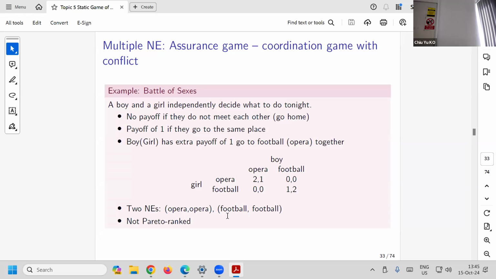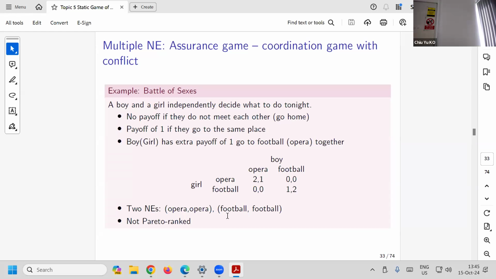Now what if I told you this is in Shandong? What is your guess? If it's in Shandong or Dongbei, or Korea, of course you will see football and football, right?